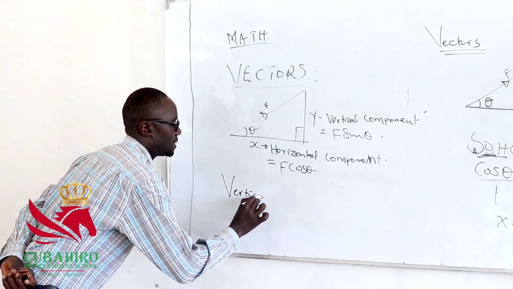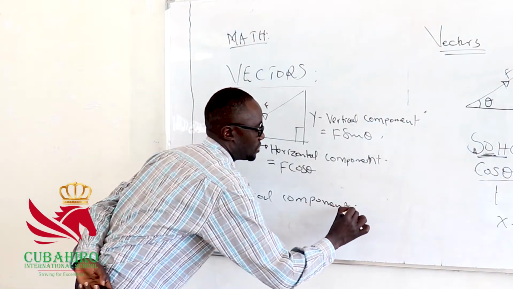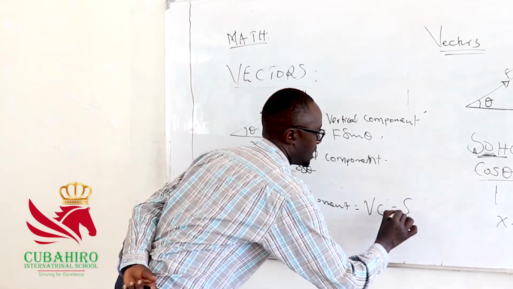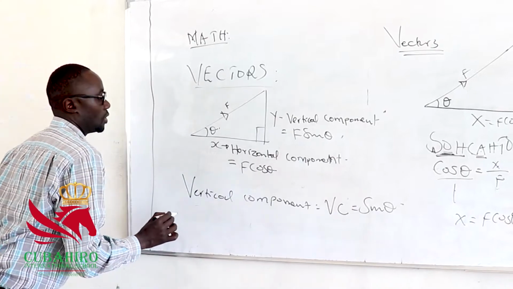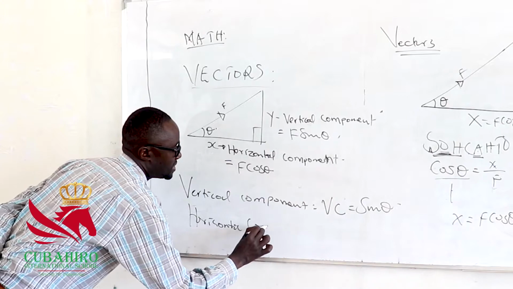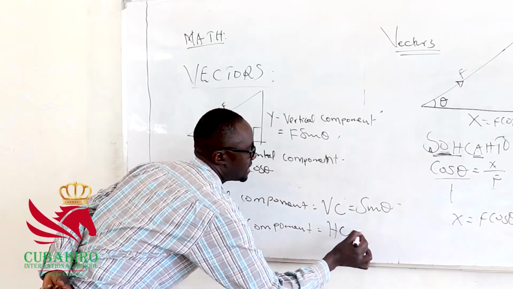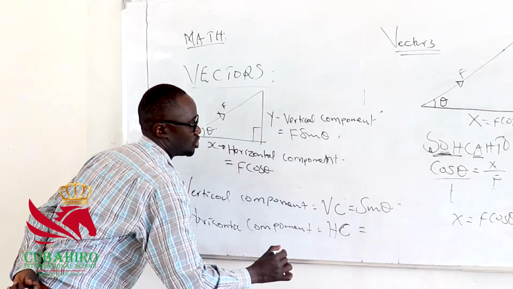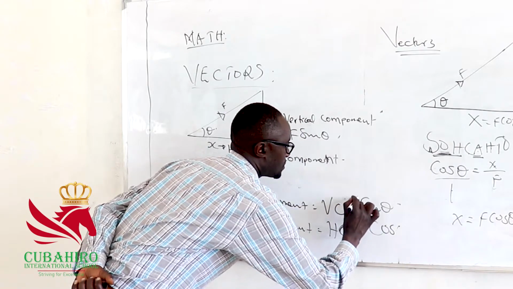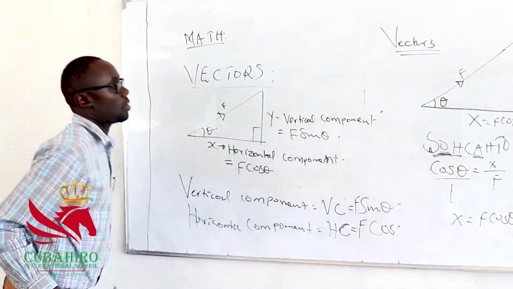Mechanics students on most occasions call the vertical component VC, which is equal to F sine theta. The horizontal component, which they call HC, is equal to F cosine theta.